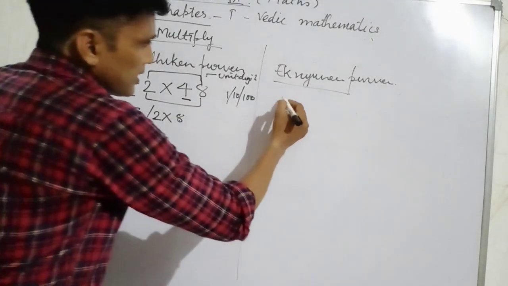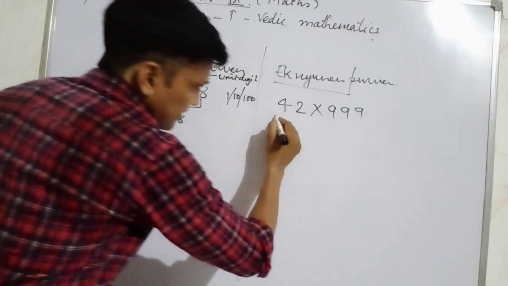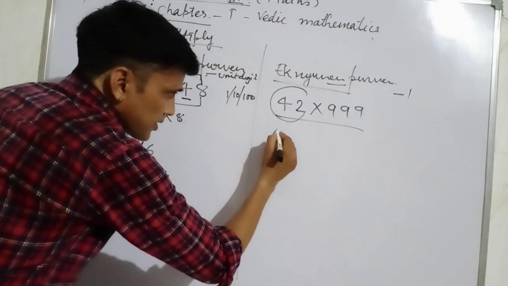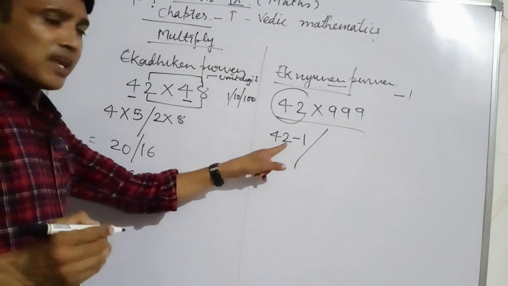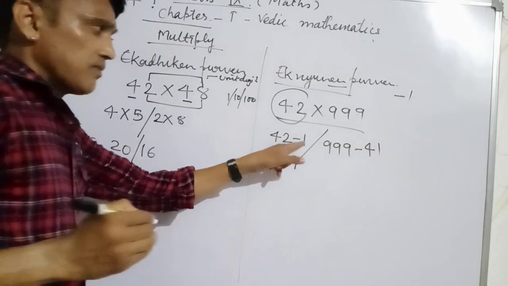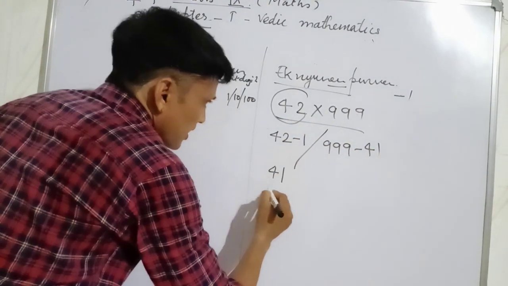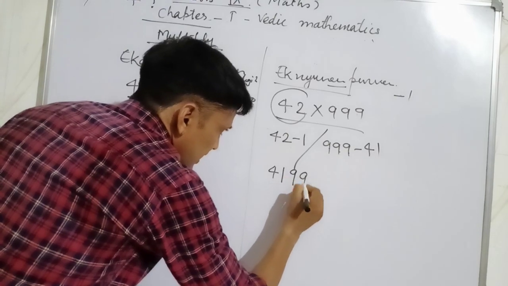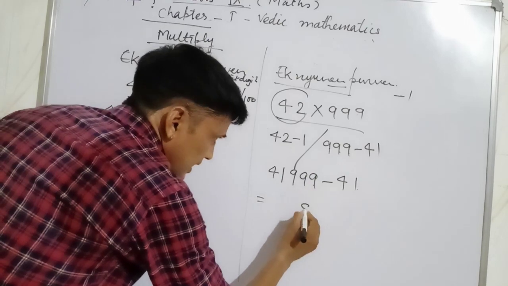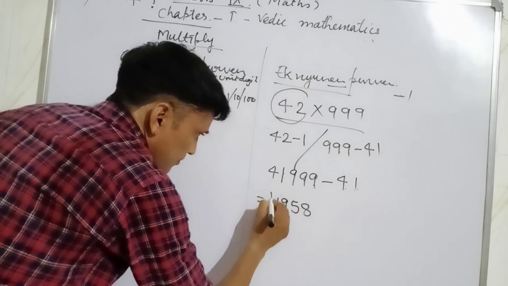Ekanyunena Purvena, if you want to multiply 42 into 999, you write the same thing. Subtract 1. Ekanyunena means minus 1. 42 minus 1, remaining 41. 999 minus 41 is equal to 958. The answer is 41958.